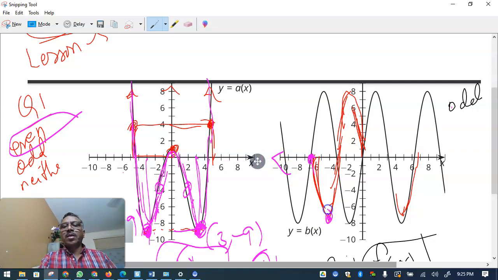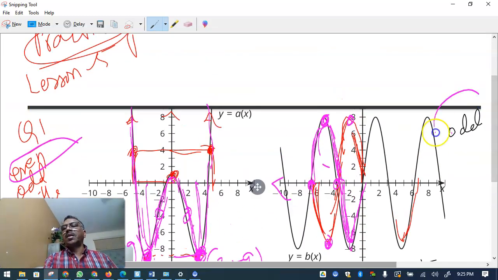So this point will go up, and maybe this point stays, this point will go down. So this whole graph will go back here again, and you go this way. See? There you go. So basically, if you reflect twice, you get back the same thing. So this is an odd function.